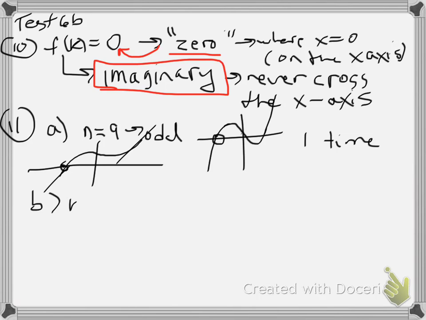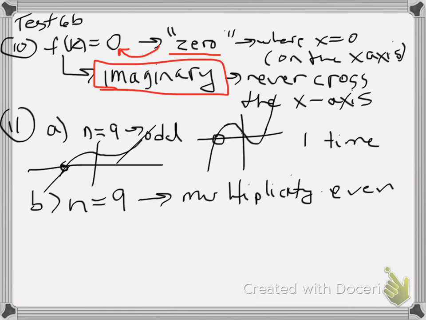Part B, it's the same function, n equals 9, but they ask, what is the maximum number of times f can be tangent? Well, when you're tangent, that means you must have a multiplicity that's even.